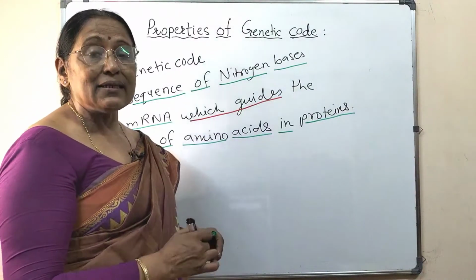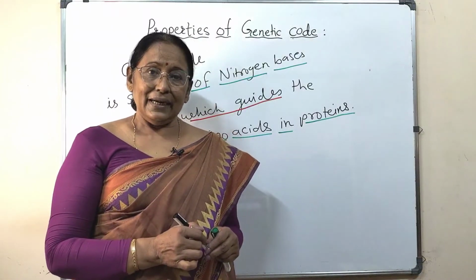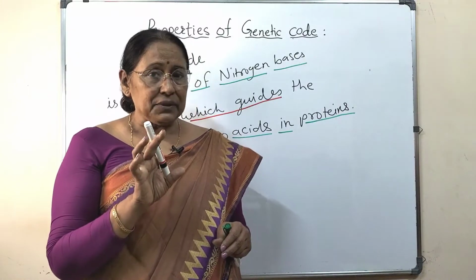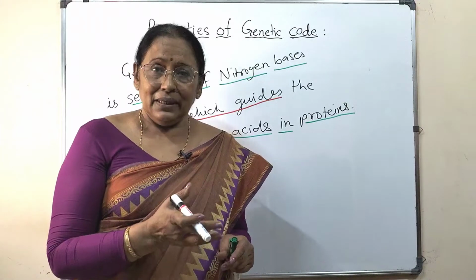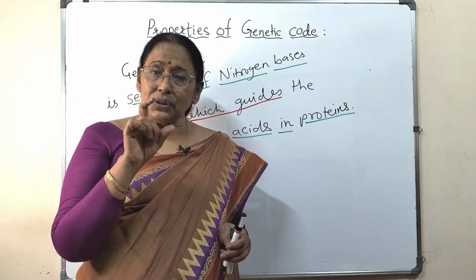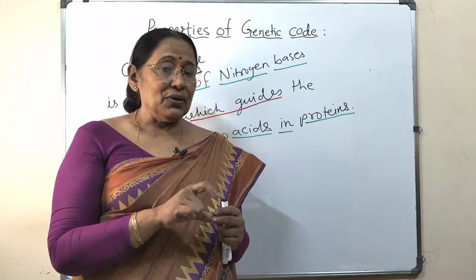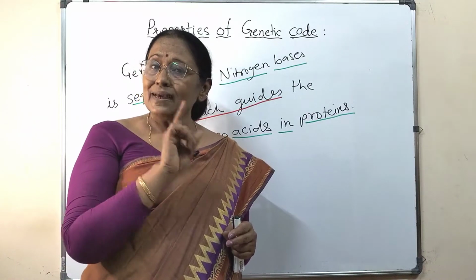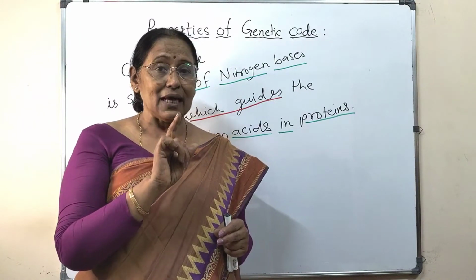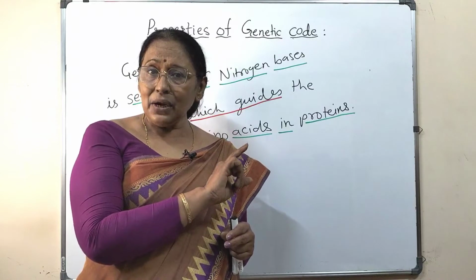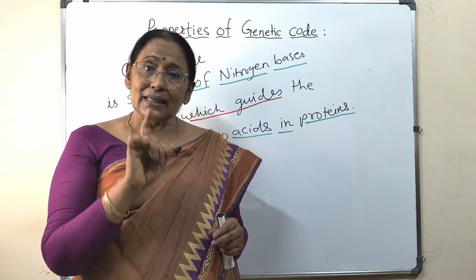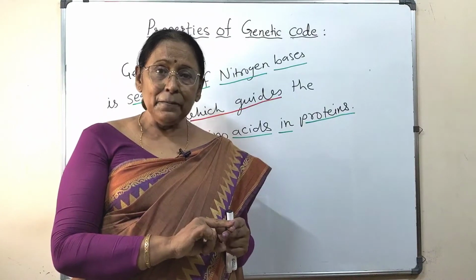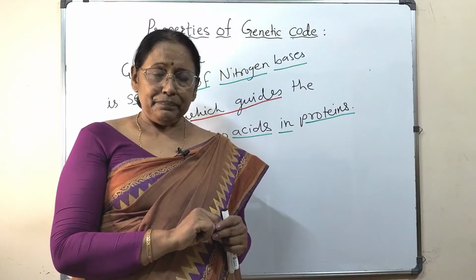But the question arises how it does that. In replication and transcription, the new strand always follows a complementarity rule. If such and such nitrogen bases are present on the parental or template strand, then such and such sequence will be present on the new DNA or mRNA strand.